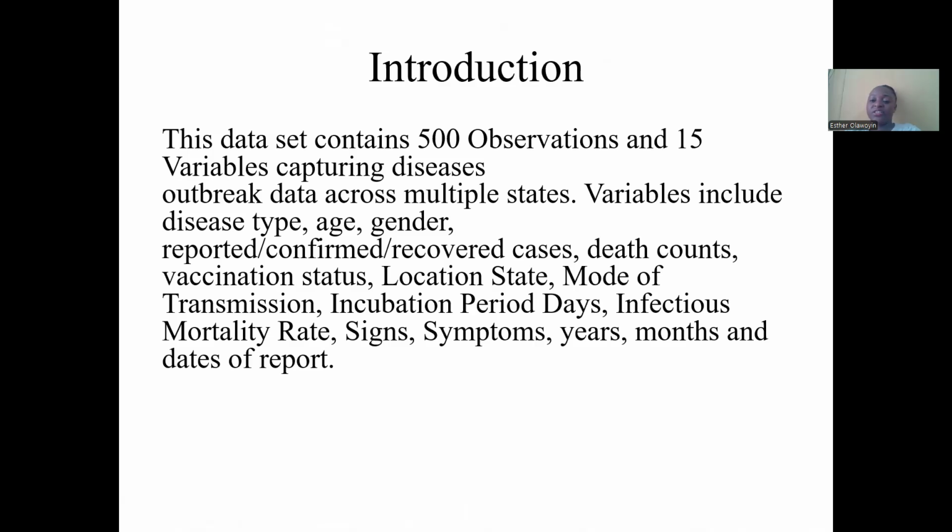My data set contains 500 observations and 15 variables capturing disease outbreak across multiple states. Variables include disease type, age, gender, reported, confirmed, recovered cases, death count, vaccination status, location, and so on.